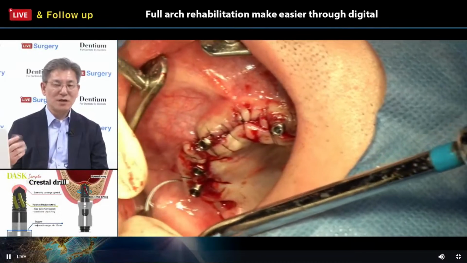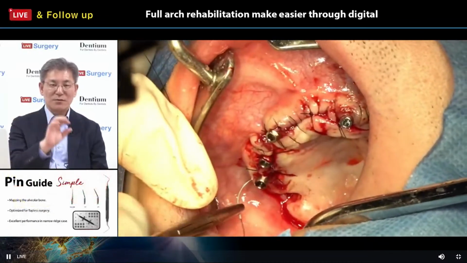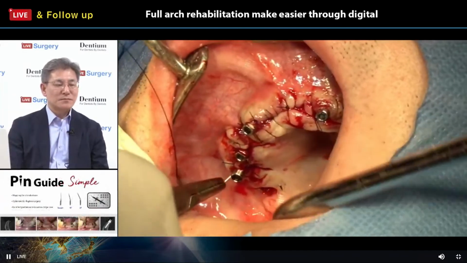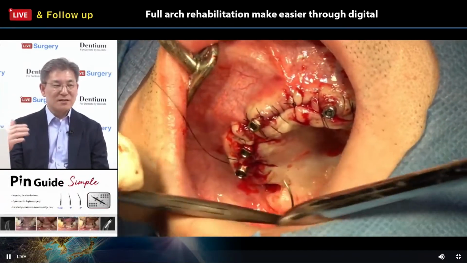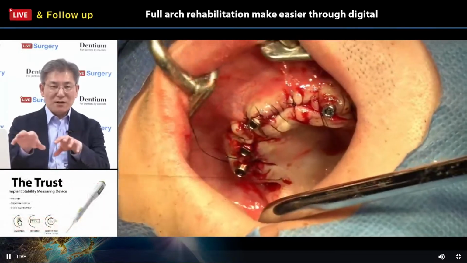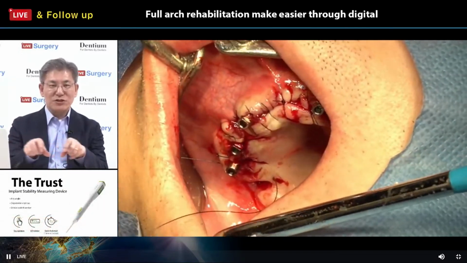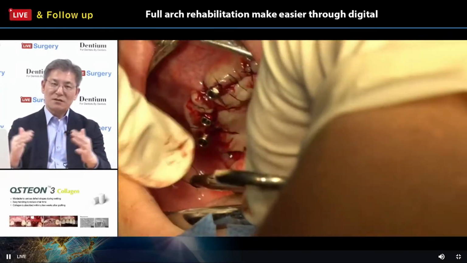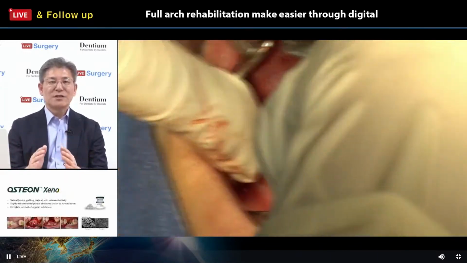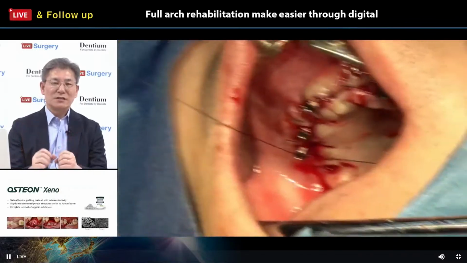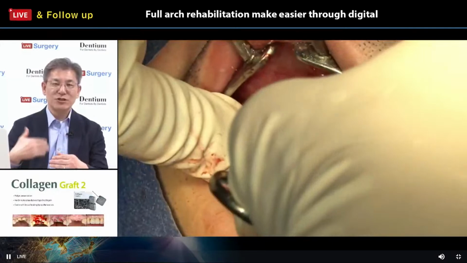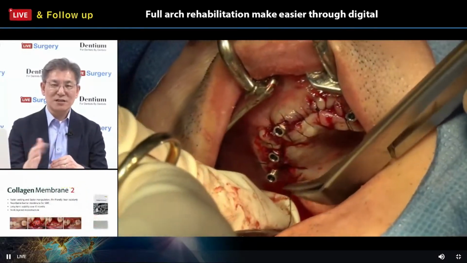Before the surgery, we can see the whole procedure in cyber status on the program. We can adjust the position and depth of fixtures, the vertical and horizontal positions, the angulation, the diameter and length, all of this information achieved and adjusted.